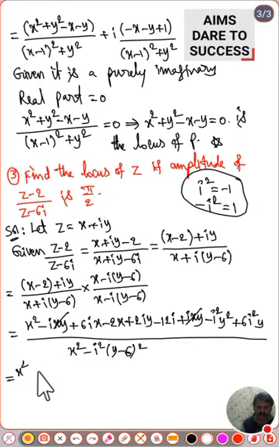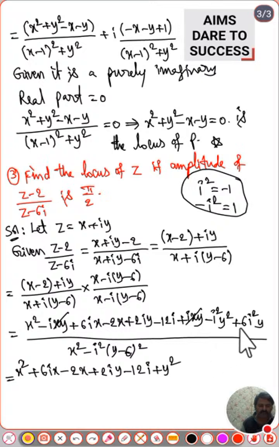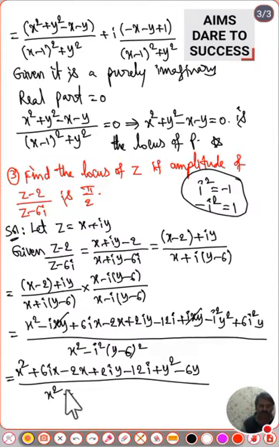So later, x square plus 6ix, later minus 2x plus 2iy minus 12i, minus i square value plus 1, so plus y square, minus i square value plus 1, so minus 1 into 6 minus 6y, whole divided by x square minus i square value plus 1, so plus (y minus 6) whole square.